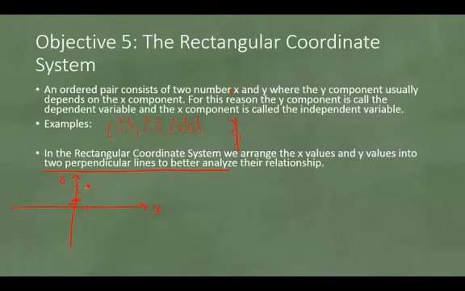So this point up here. Negative 5, 2 would be an x value of negative 5, 1, 2, 3, 4, 5, but at the same time a y value of 2, 1, 2. So negative 5, 2 would be right there.